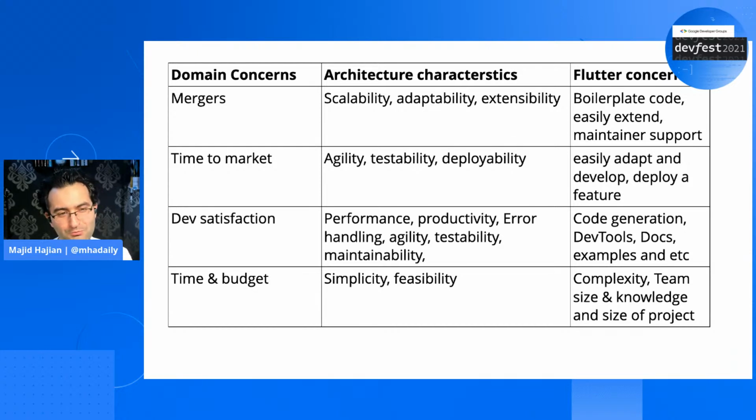So I wanted to map these to business concerns as well as Flutter concerns, like our dev concerns. What I did was I said, okay, from the business perspective or a domain perspective, things like scaling or adding more features, business, et cetera, are very important. So that is something I could say is adaptability, maybe extensibility or scalability.